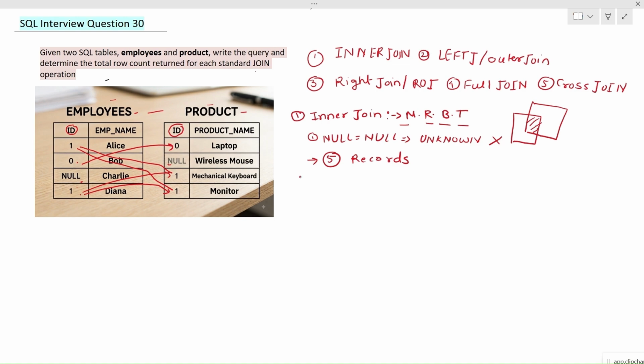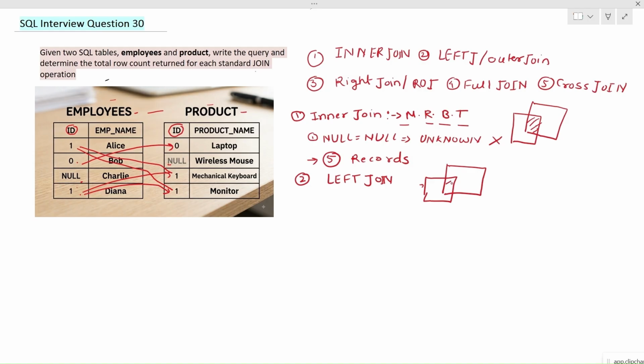Second, we have left join. What is the left join? Left join means matching rows from both tables and unmatched rows from the left table. In this table, this is the left table.